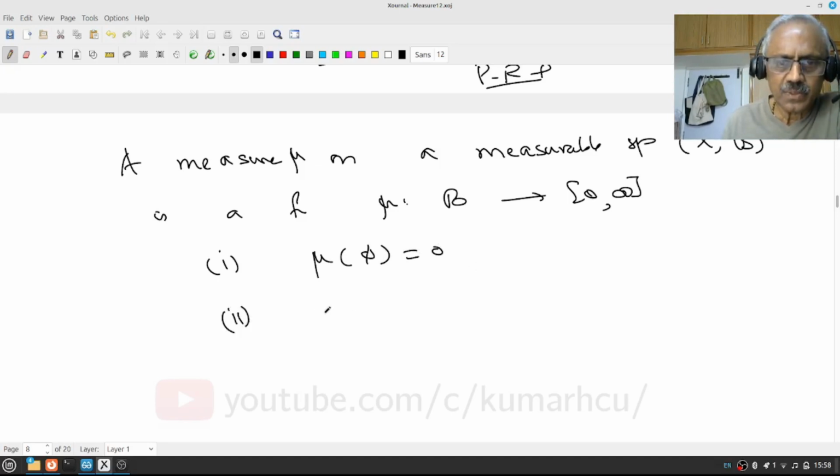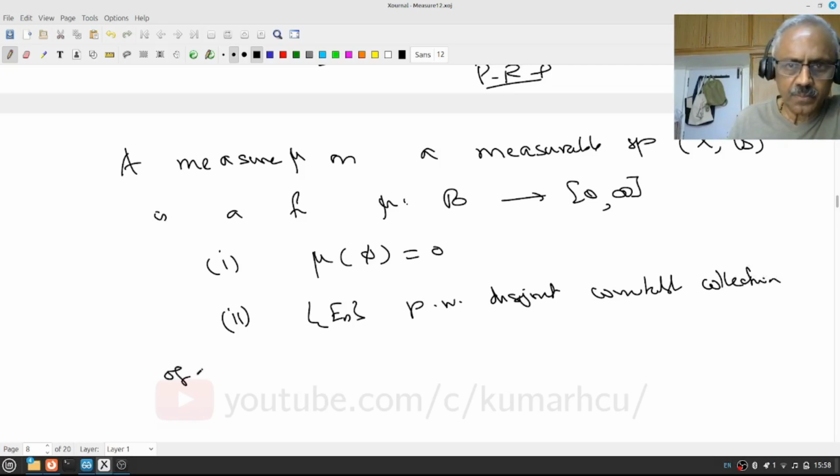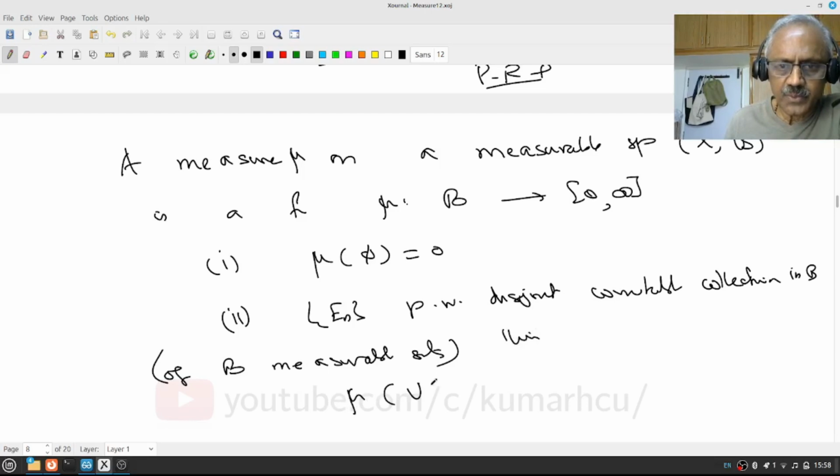And 2, if E_n is a pairwise disjoint countable collection of sets in B, then mu of union E_n.